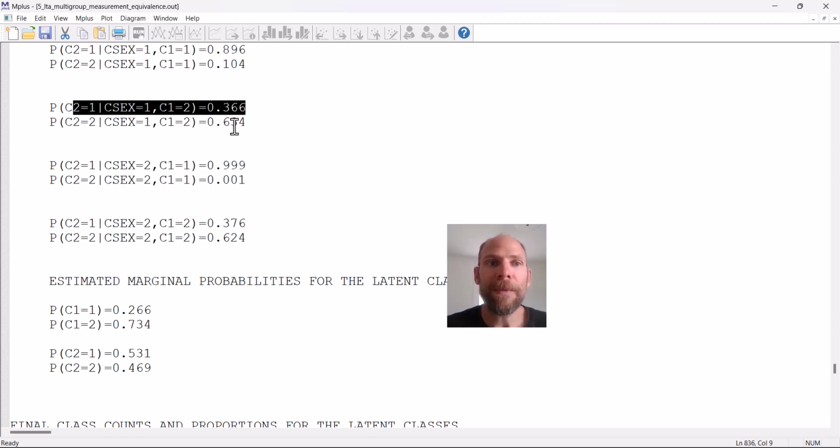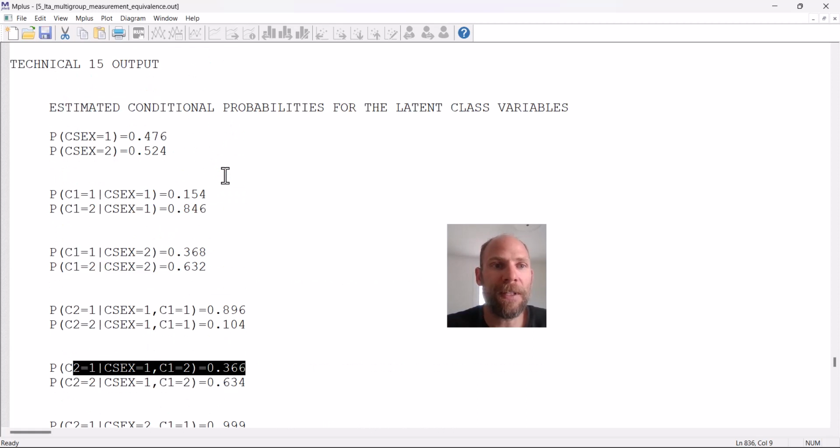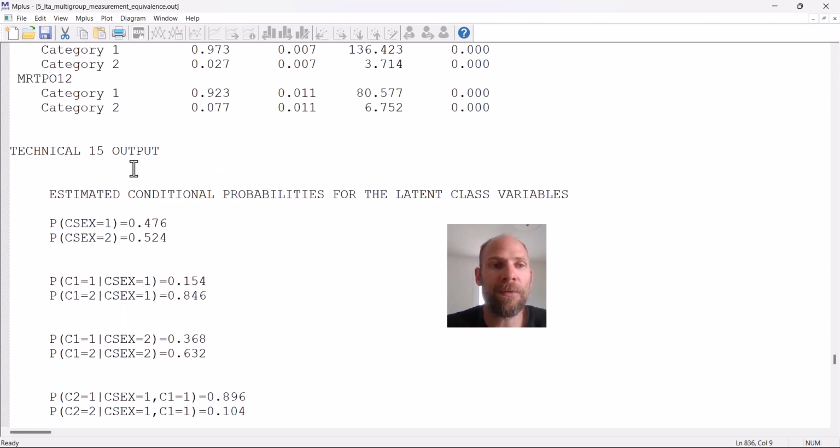So I hope you were able to see that this TECH15 output provides very useful and very well organized output of conditional probabilities for latent classes that may be of interest when you have a complex latent class model, such as a multi-group latent transition model, or maybe a mover-stayer model, or some other kind of complex mixture model where you have multiple latent classes or latent classes and known classes.